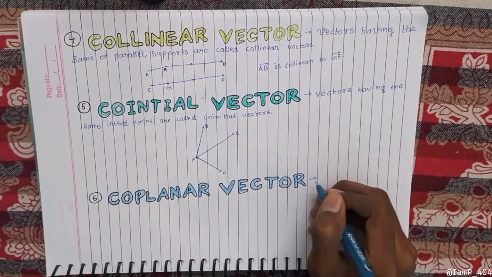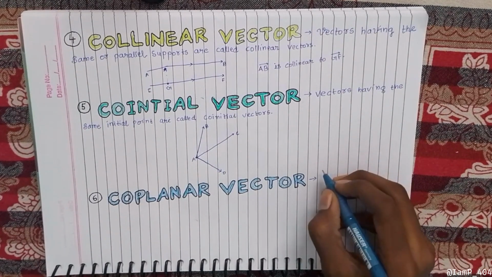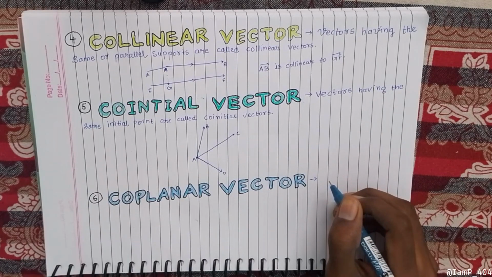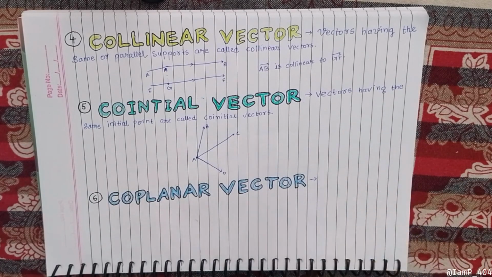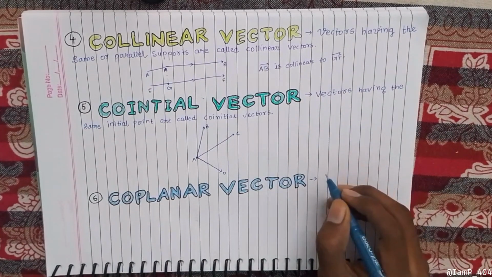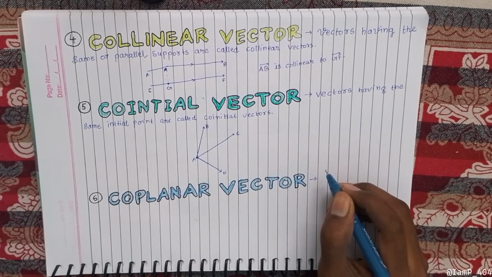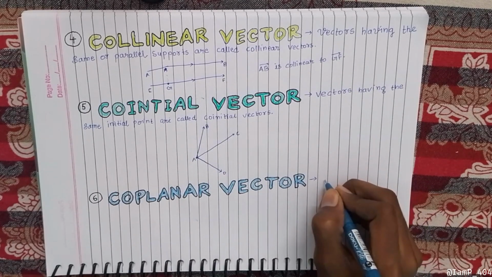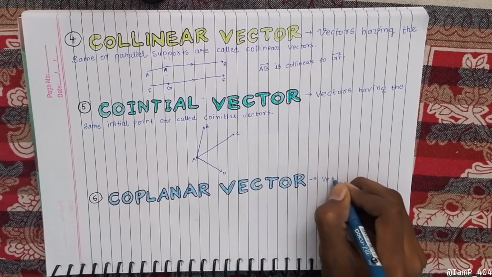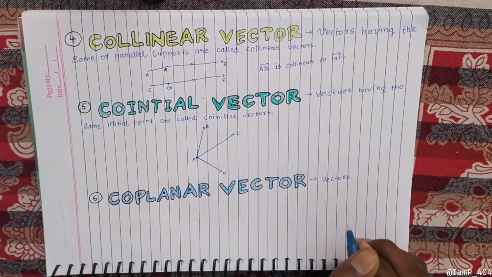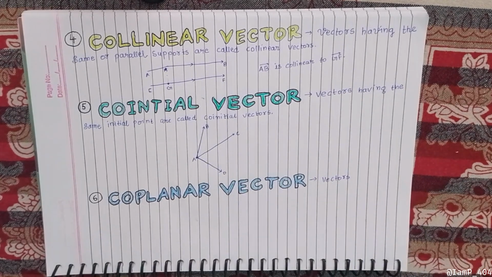Coplanar: vectors on the same plane, or even they are parallel to the same plane. Let's write this one. When I was saying about coplanar vectors, I was saying vectors lying on the same plane. Yeah, it's true.